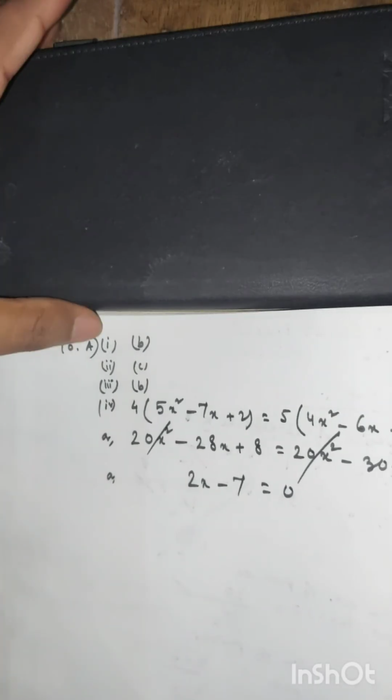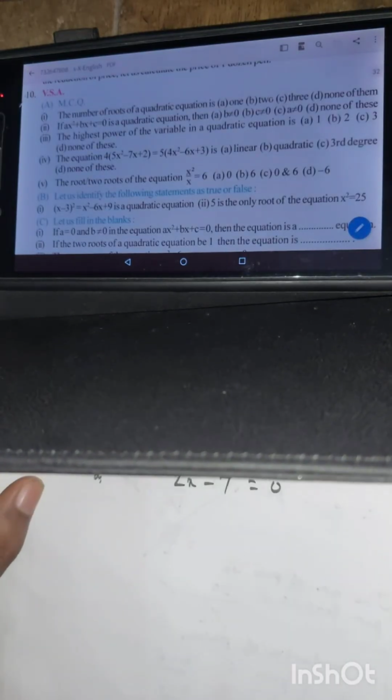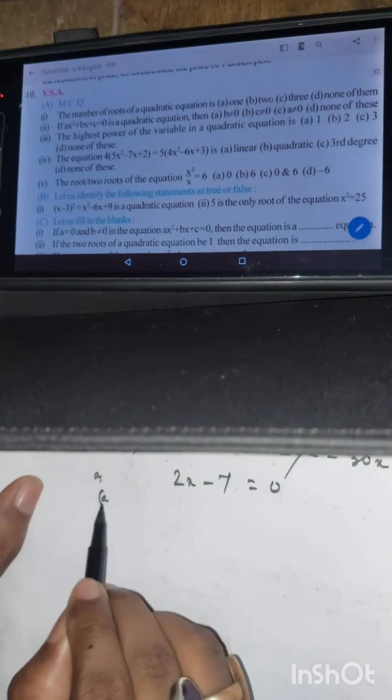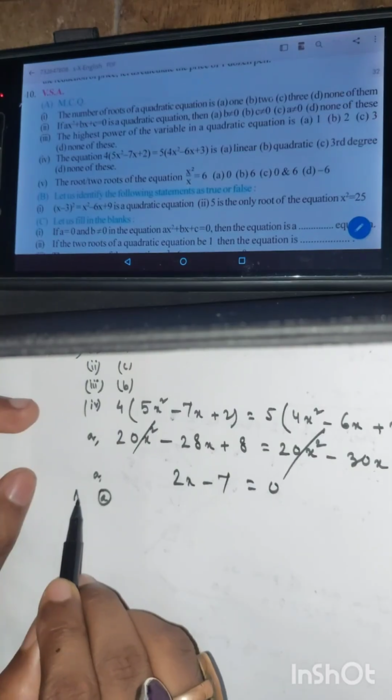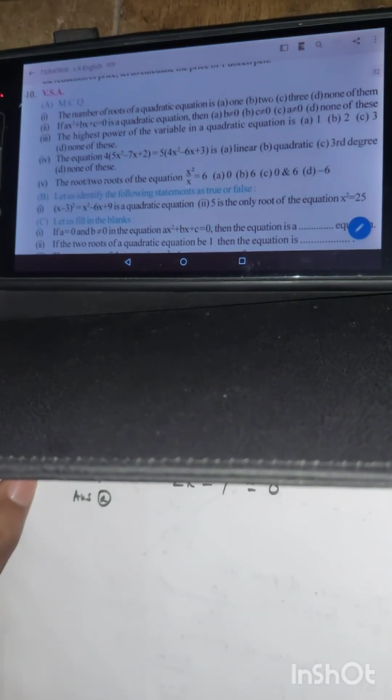So this is not a quadratic equation, this is a linear equation. So answer A is our correct answer.